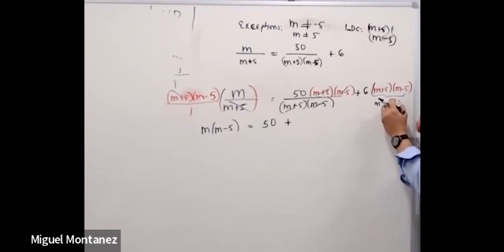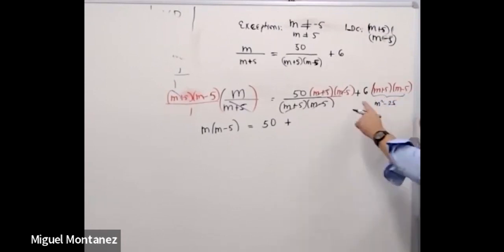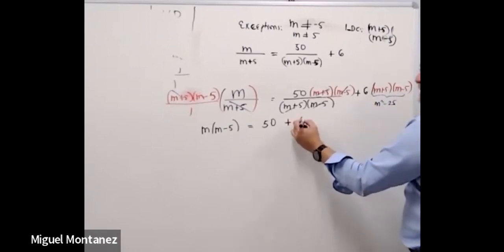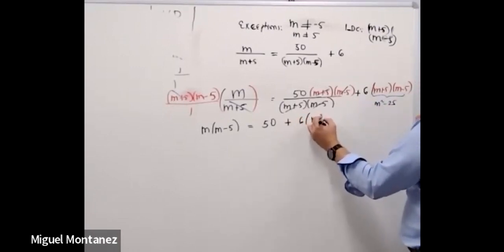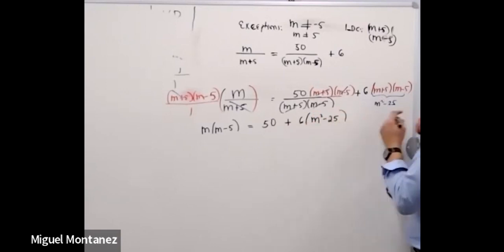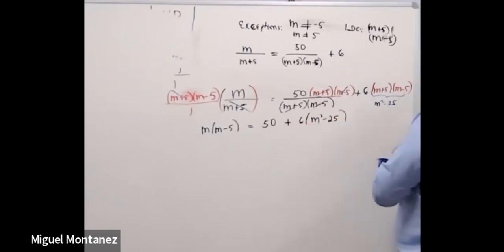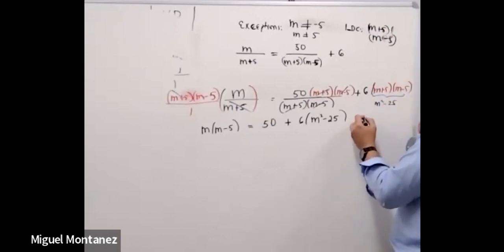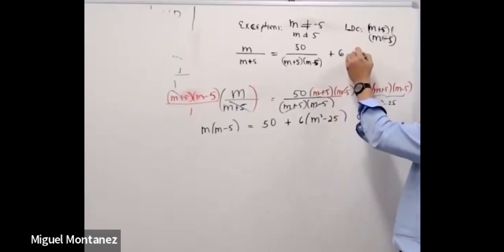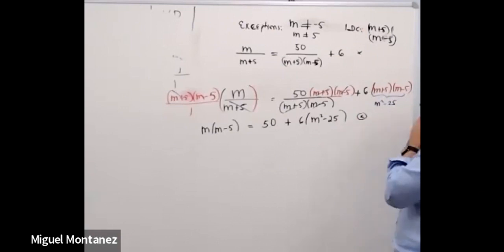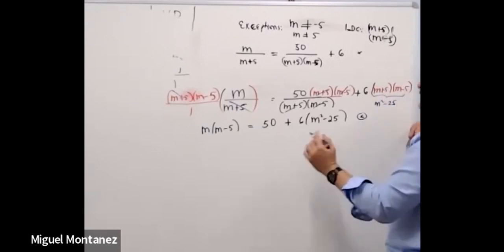But this is multiplied by 6, so it will be 6 times m squared minus 25. This equation is much cleaner than the previous one. They are equivalent, but I like this one much better. As long as m doesn't violate those two rules, everything is safe.